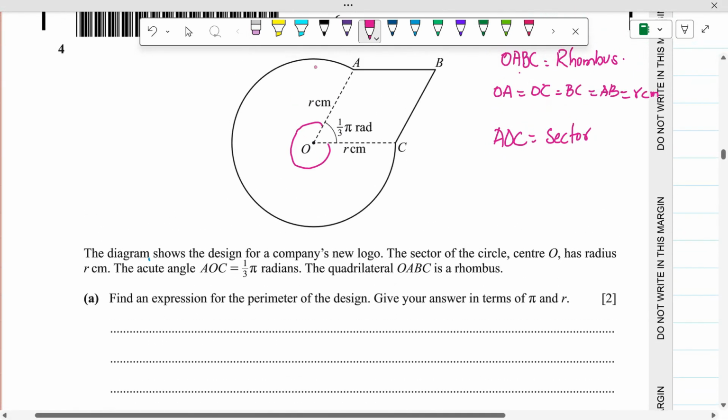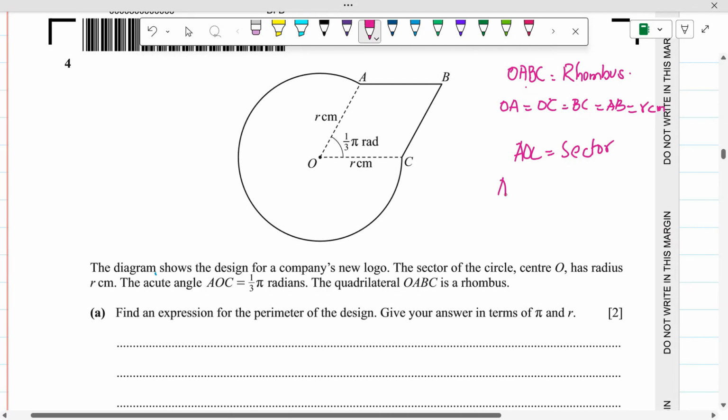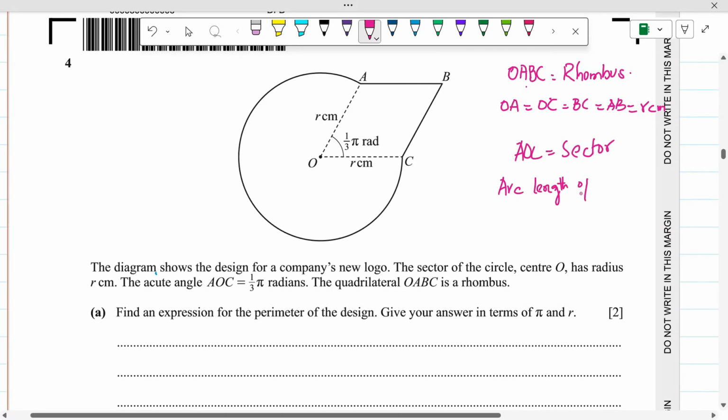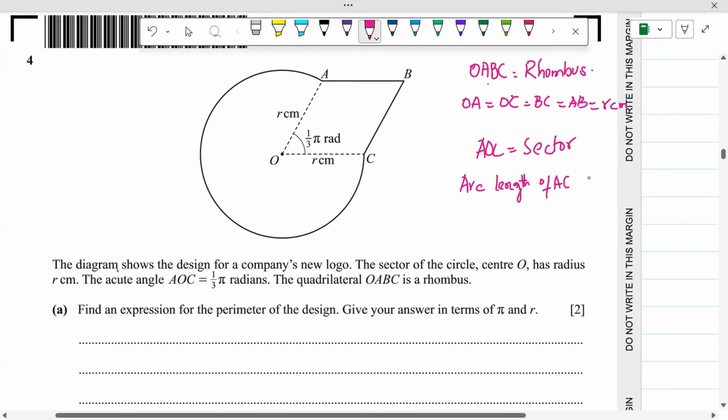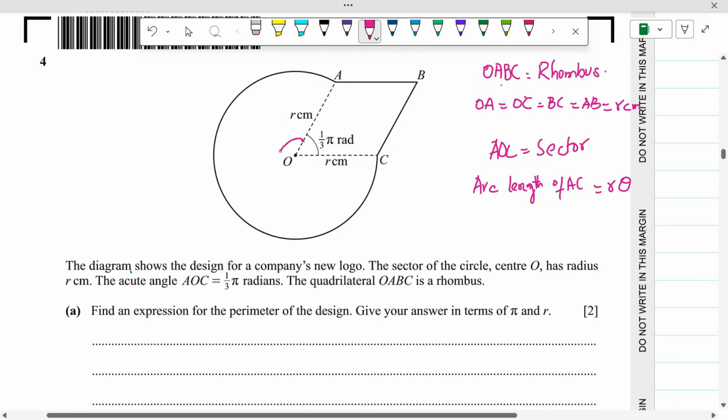And we need to find the perimeter, and we know that AOC is the sector, and this sector has the arc length of AC. The formula to find the arc length is equal to the radius times theta, and theta is this angle.